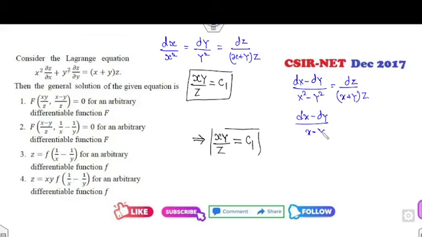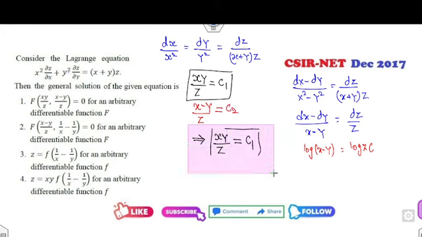Then it will be my x minus y, it is dz over z. If you integrate them, it will be log of x minus y, it is log of z plus c. So clearly my second solution is x minus y over z is my constant. So clearly from these two equations, this one is satisfied.